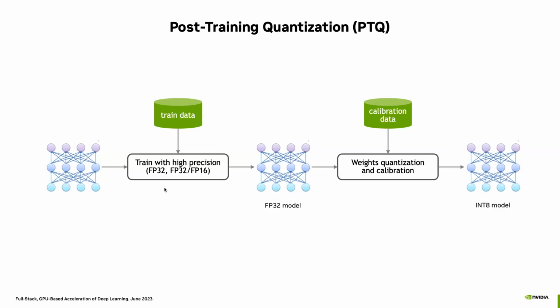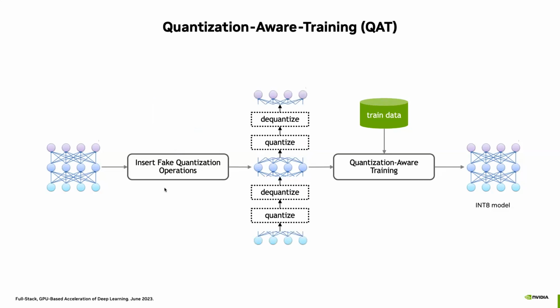So this would be a relatively simple way we can apply the quantization because we can directly use it on any already trained model. But sometimes we may not be able to achieve the desired accuracy. As I said, after the conversion, we do have some precision loss here. So this is when you may want to consider quantization-aware training.